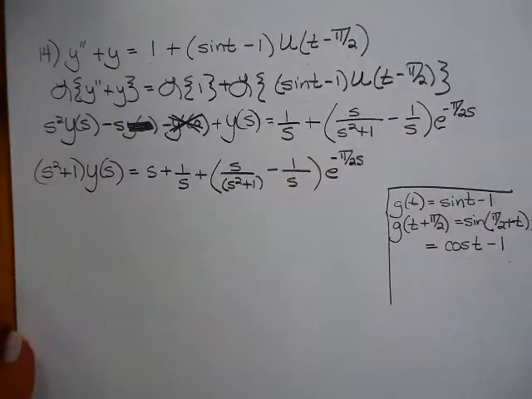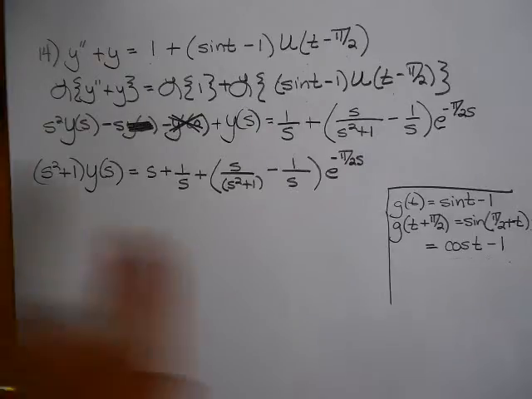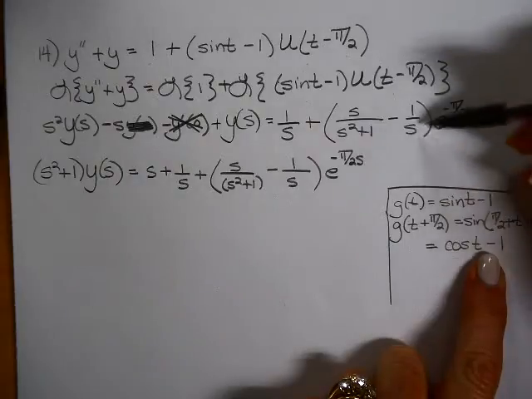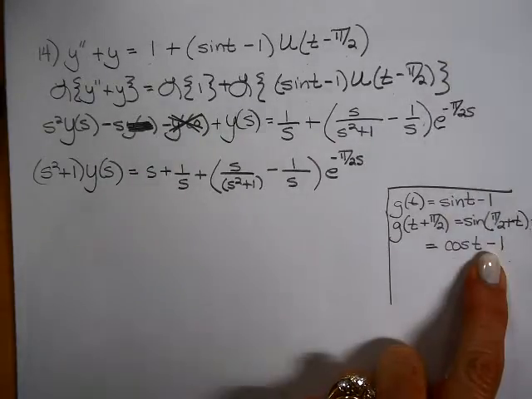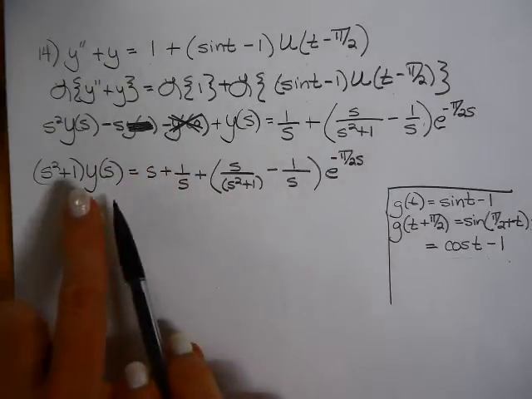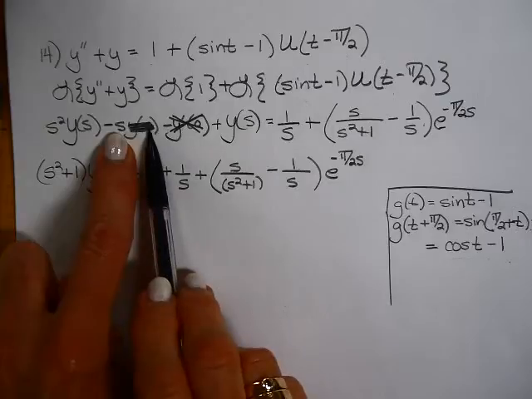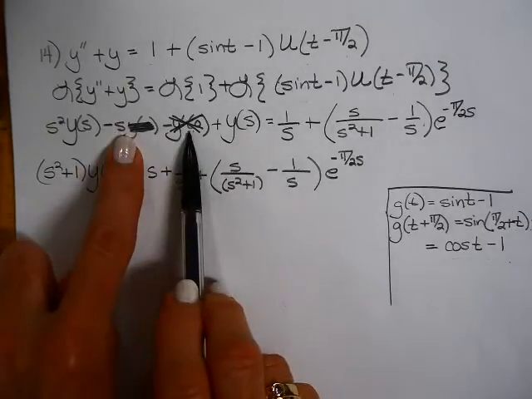Did I lose something? Wasn't s of y 1 over s? That was the 1 over s. Wait a second. Which one? When we did s squared y of s minus s y of 0, wasn't y of 0 1? Or did you already use it? Y of 0 was 1. Isn't that one? Isn't this one y prime? Or have I got my formula wrong?